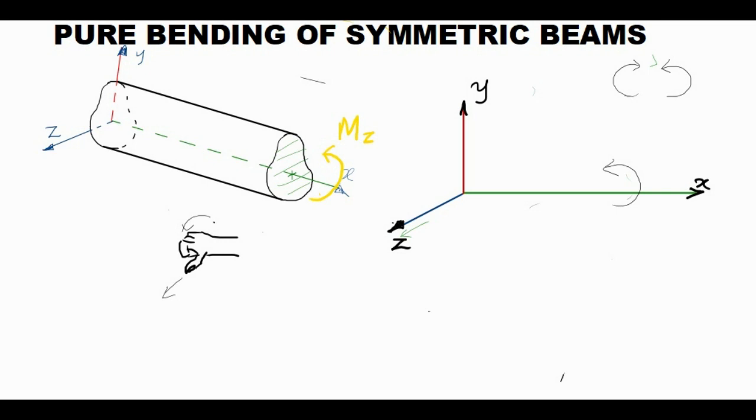For this to be in equilibrium, there should be an equal and opposite moment Mz. This is a clockwise moment in the xy plane, so the moment direction will be in negative z direction, so it should be negative.